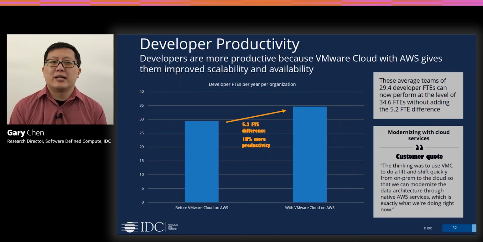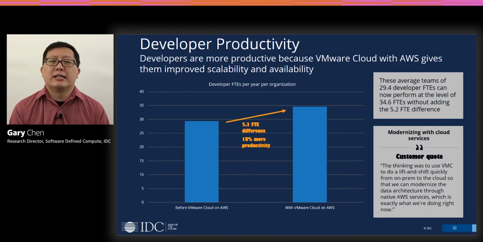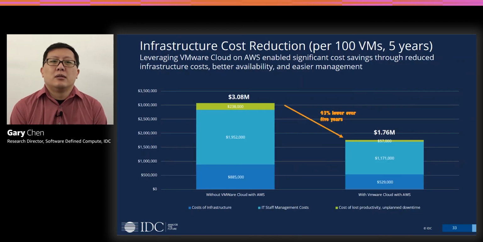And for existing applications, most of them are using a strategy of lifting and shifting the VMs first to VMC and then refactoring them over time to be cloud native. So overall, we found that there was a 43% lower infrastructure cost over 5 years for customers that were using VMware Cloud on AWS.